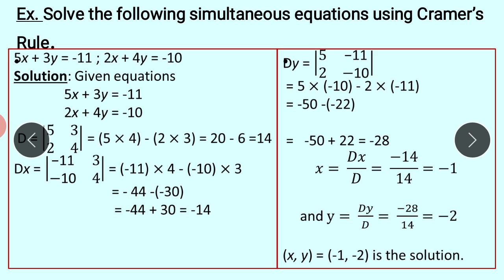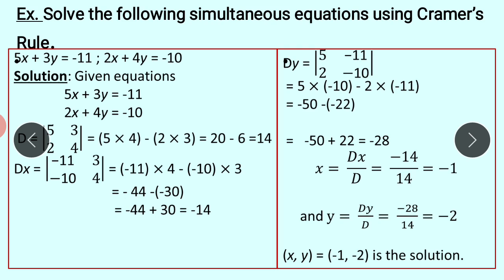Minus 10 into 3, minus 30. Right? Then minus 44, minus into minus, you know that plus 30. Then take the subtraction. Minus 44 plus 30, you get the value minus 14. You know that the bigger number is 44. That bigger number 44 having sign minus, and that's why 14 having minus sign.